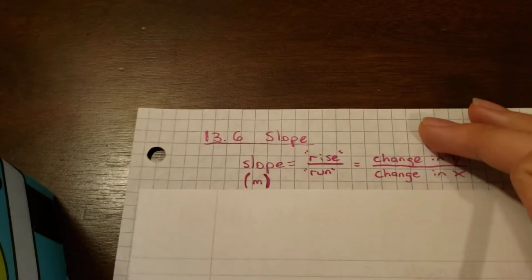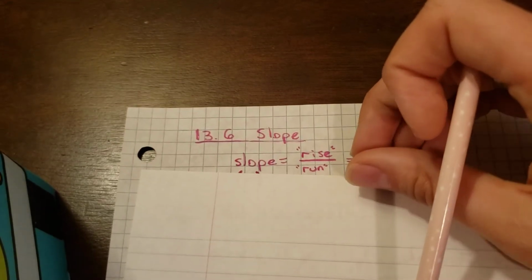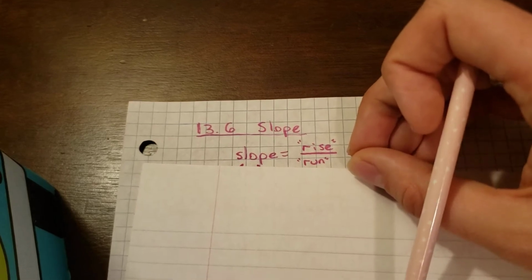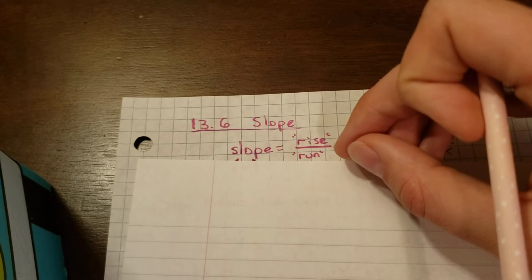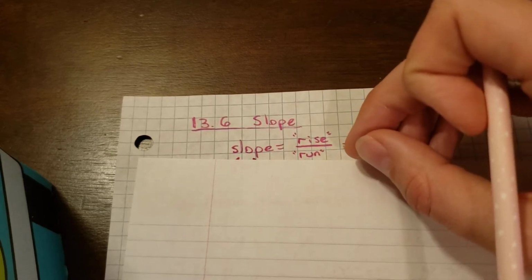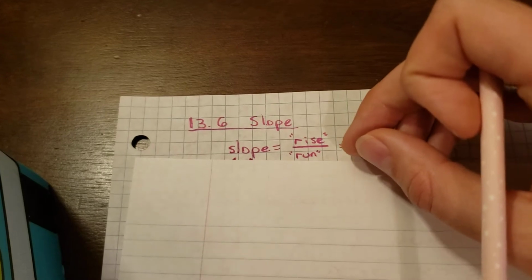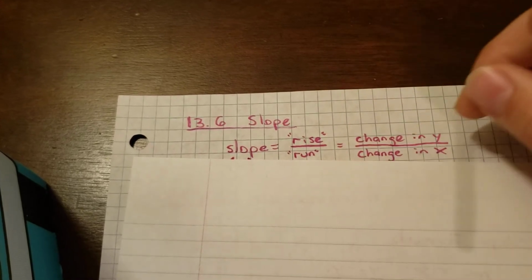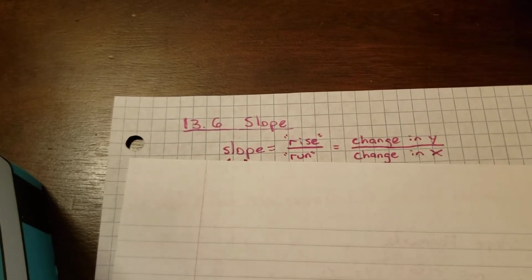Slope, now slope is a ratio or a fraction where we describe how the function rises over how it runs. Now, all this might seem like gibberish right now. It'll make sense in just a moment. Another way to describe it is our change in y over our change in x.